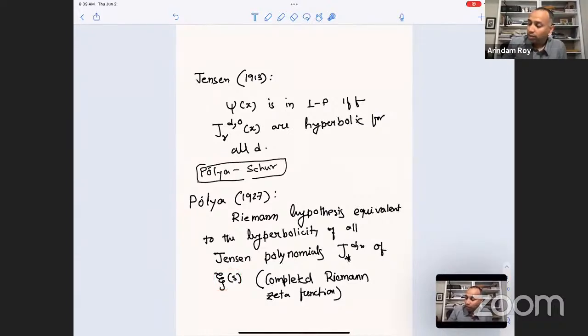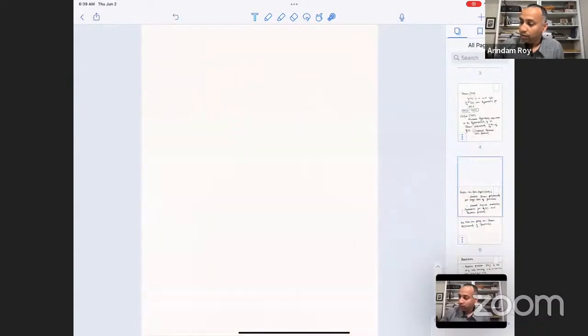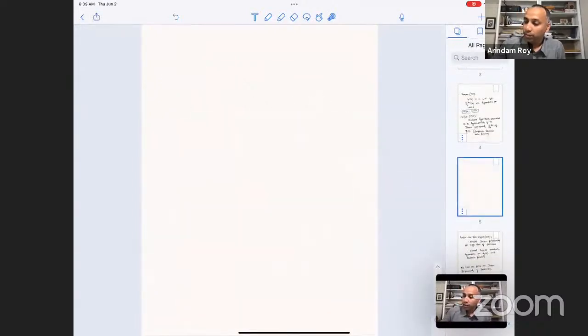I did not include a slide about the Riemann zeta function, but I'm going to quickly give a definition of the Riemann zeta function and what the Riemann hypothesis is. Whenever we write the Riemann zeta function for a complex variable s, we mean the infinite series sum of 1 over n to the power s.